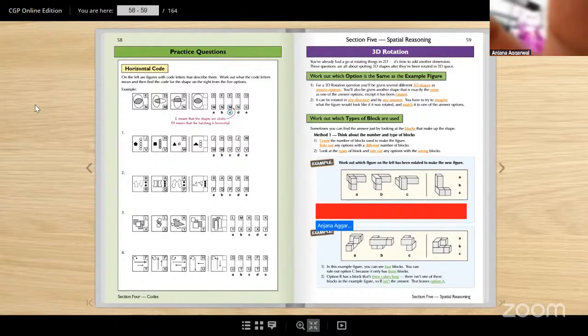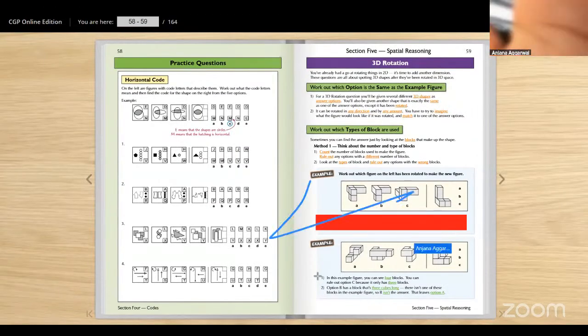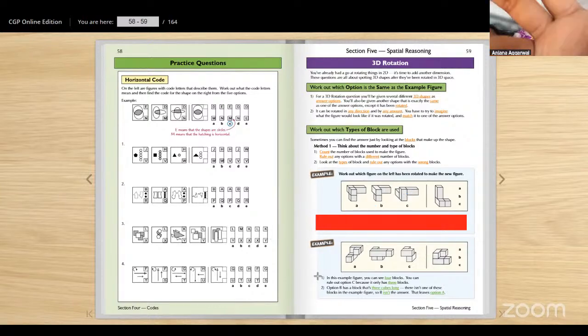Sometimes you can find the answer just by looking at the blocks that make up the shape. Method 1: think about the number and type of blocks. Count the number of blocks used to make the figure. Rule out any option with a different number of blocks. Look at the types of blocks and rule out any option with the wrong block. Work out which figure on the left has been rotated to make the new figure.